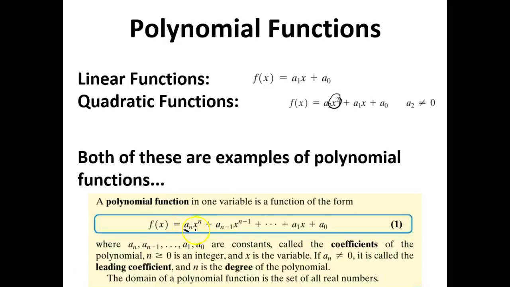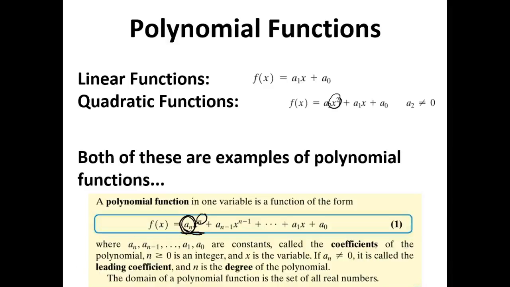If this was 0, this term wouldn't be here, so the next term would be the leading term. The term is the leading term, and the number in front is the leading coefficient. And n, the biggest power, is the degree of the polynomial. The domain of a polynomial function is the set of all real numbers, so we can put any number that we want into a polynomial.